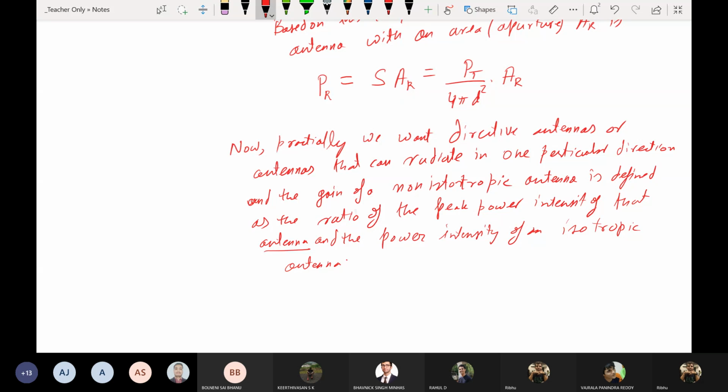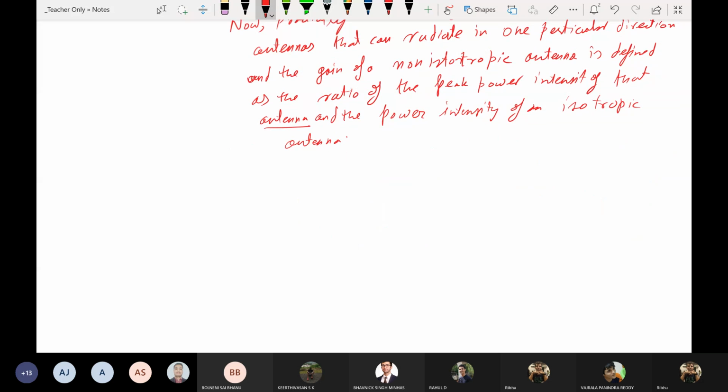As an example of an isotropic antenna, consider a street lamp. Will anyone disagree that a street lamp is an antenna?